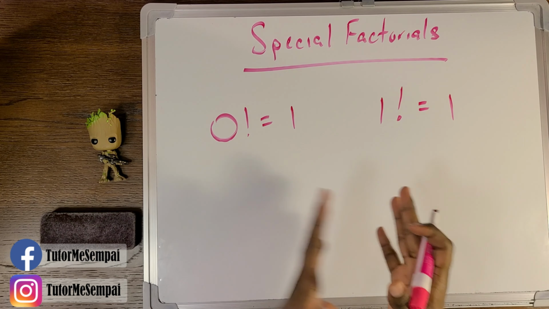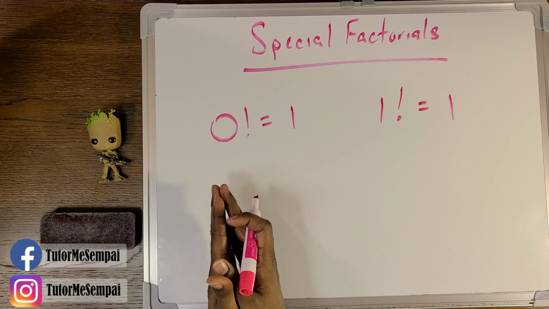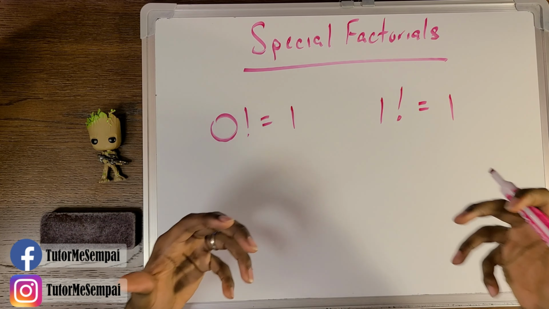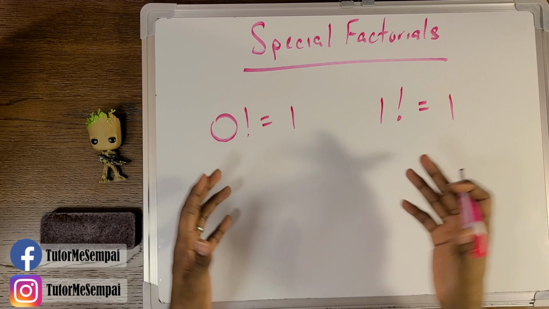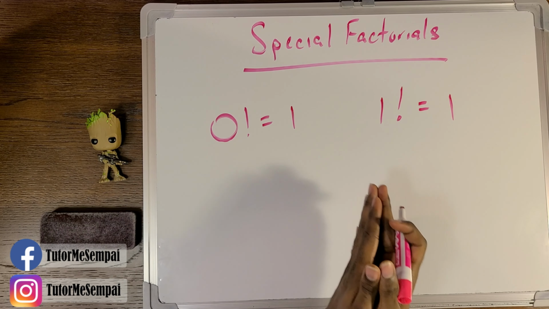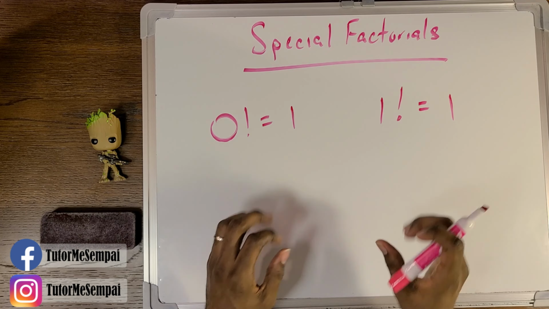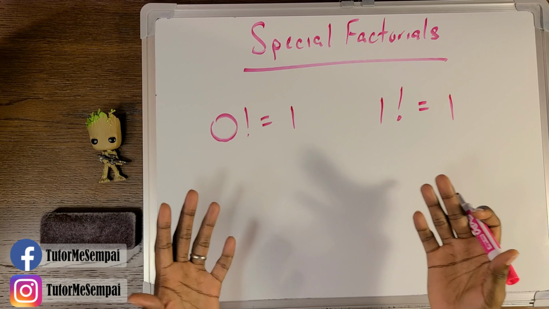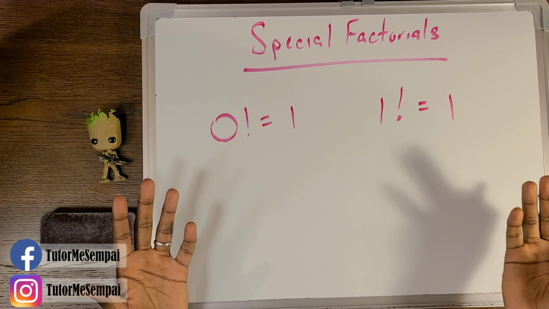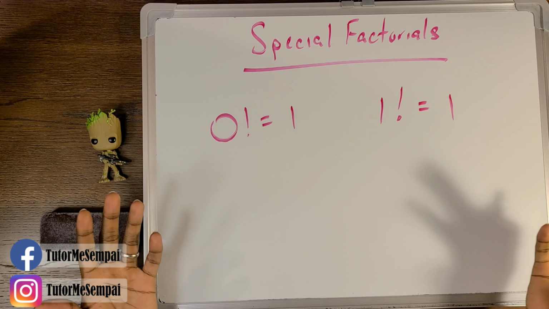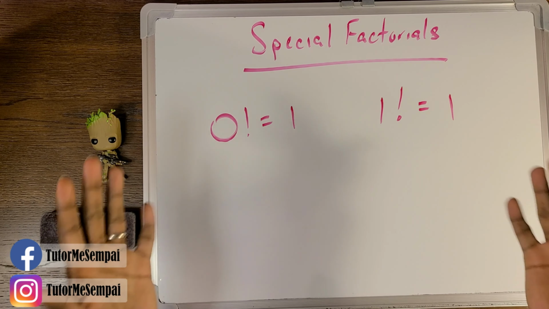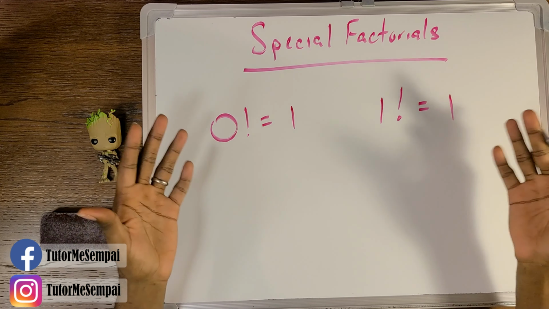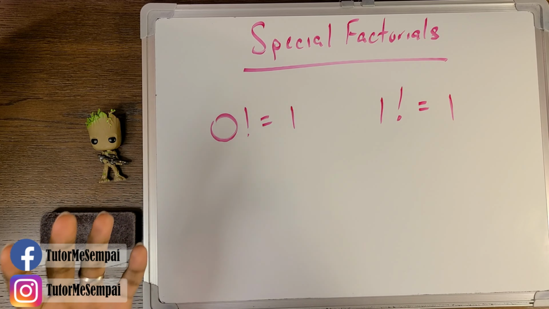So let's think about it in a less mathematical sense and a more physical sense. We just talked about how factorials can tell you how you can arrange different objects, right? Well, think about it from that point of view, and this makes a little bit more sense. If you have 0 objects, how many different ways can you arrange 0 objects? Just the 1. It's nothing. If you have 0 objects on my whiteboard, there's only one way to arrange that, and it's just 1.